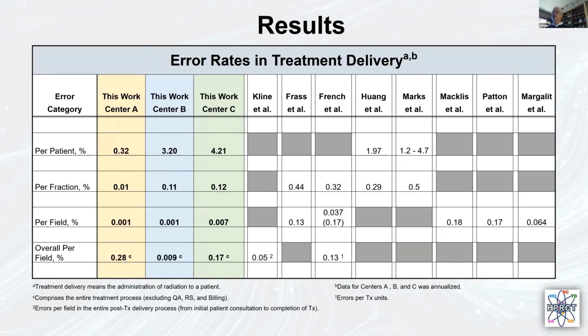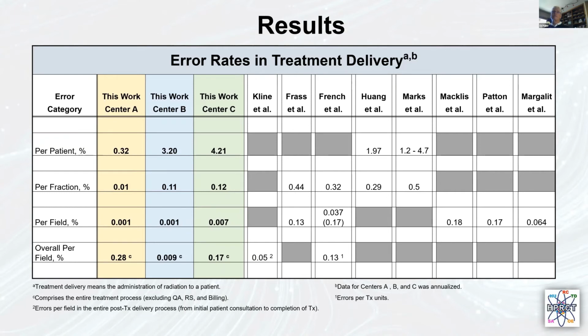As far as error rates in the entire treatment delivery, we looked at literature, and the work we did, center A, B, and C, we tried to look at what's out there and published. And you can see that on the per patient basis percentage, center C had 4.21%. Well, that fell within the upper range of what was published under Marks et al.